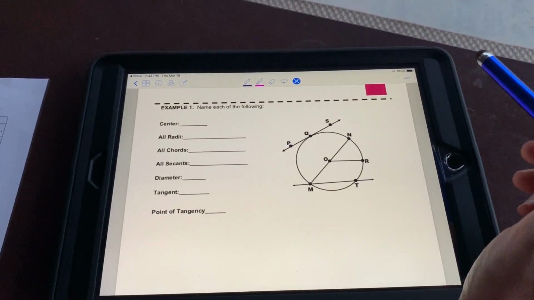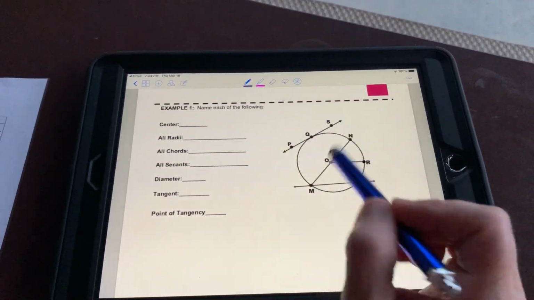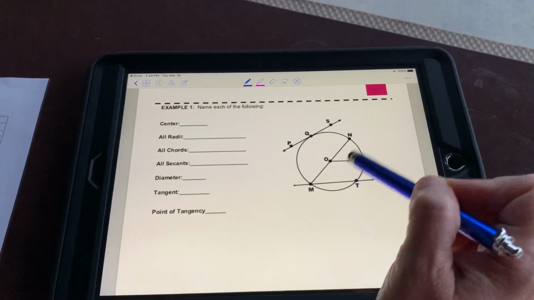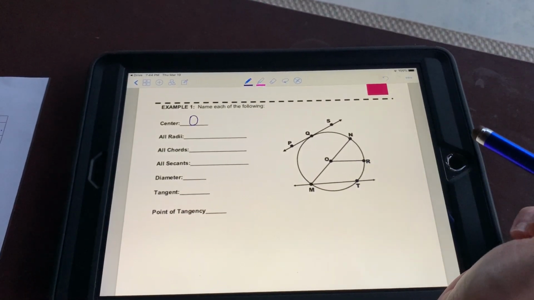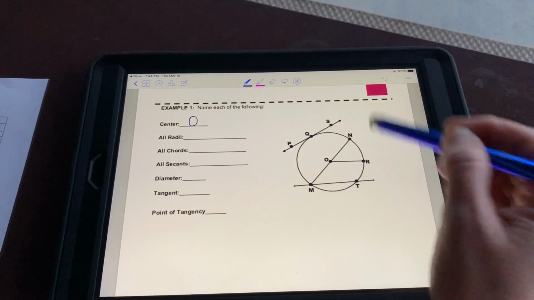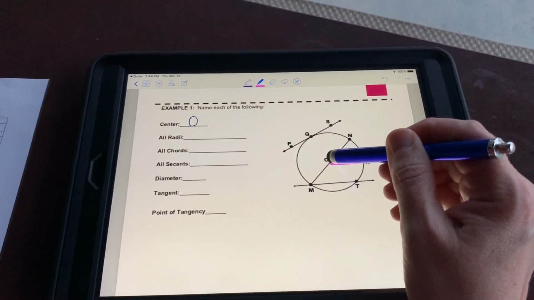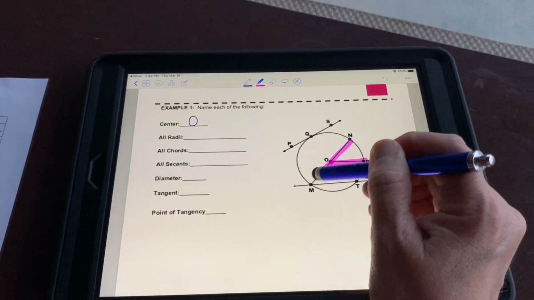So let's just do some review of all those words for a second. So our center, and we're going to name it. So remember, when we name things, we use capital letters. So the center of our circle, we name it as O. Okay. Radii, just as a review, remember radii starts at the center and goes out. So we have a radius here at OR, we have a radius here at ON, and we have a radius here at OM.